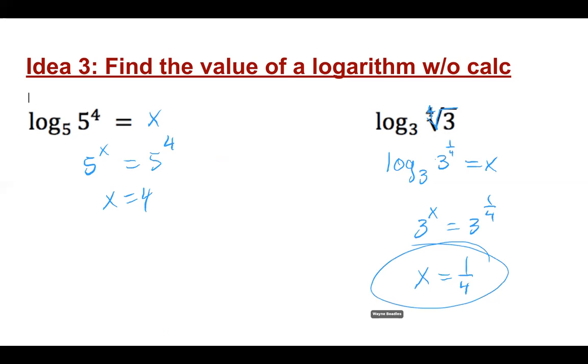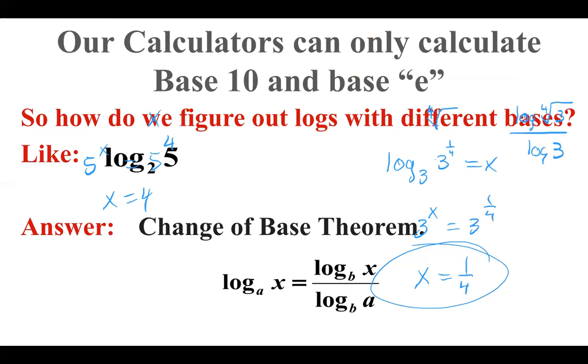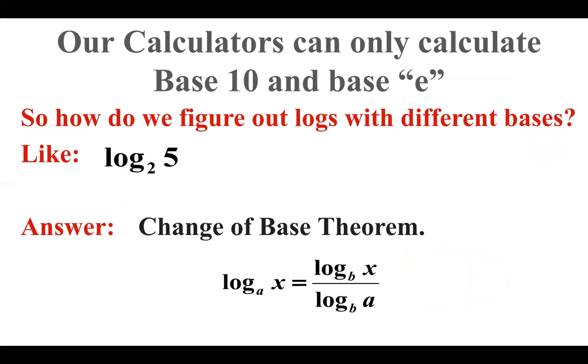But on each one of these, and these get a little harder to do, but let me do it here. I could write this as log of the fourth root of 3 all over log of 3 on your calculator. And that's a little hard to do, but it'll give you a fourth if you get it down. And they'll be easy questions when it comes to those, if you know how to use your calculator right.